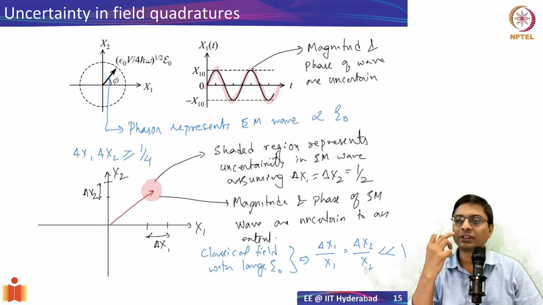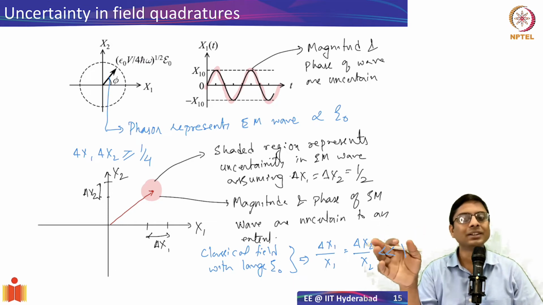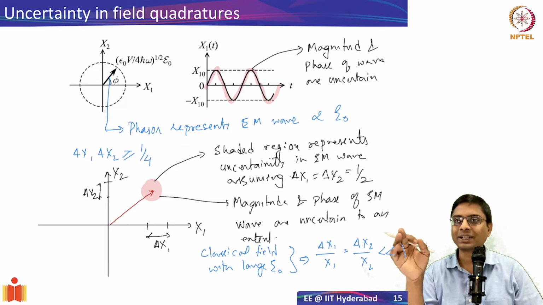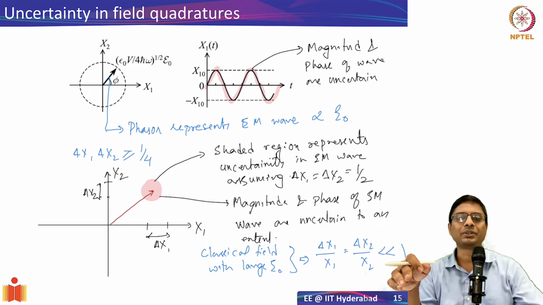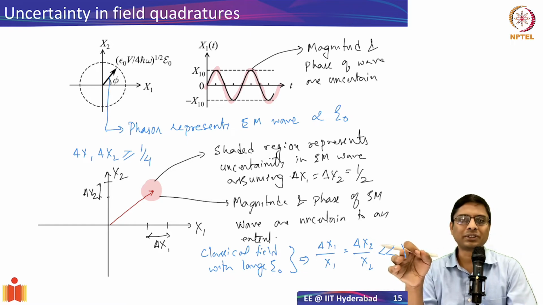Just like when we come from classical mechanics to quantum mechanics, we say that in classical mechanics, we know the position and momentum accurately. So you can simultaneously determine the position and momentum of a particle accurately. But when you come down to the quantum regime of a few nanometers and so on, we say that no, we cannot determine both position and momentum with accuracy.